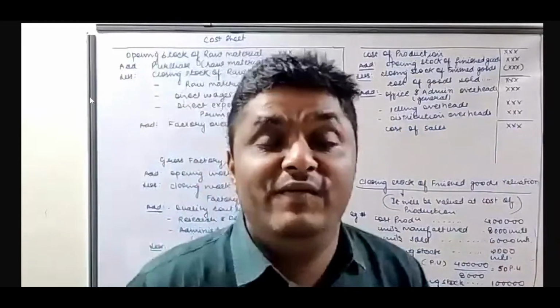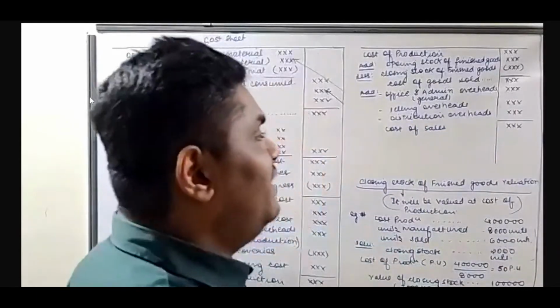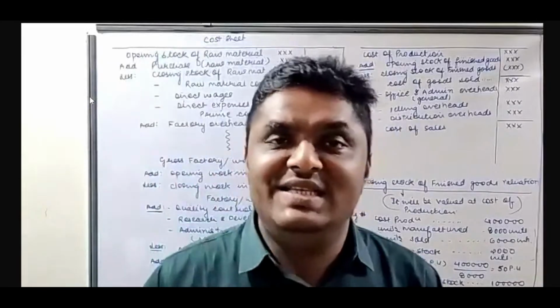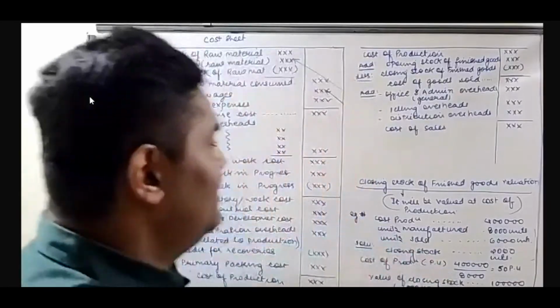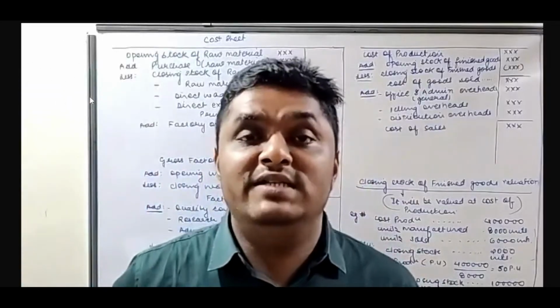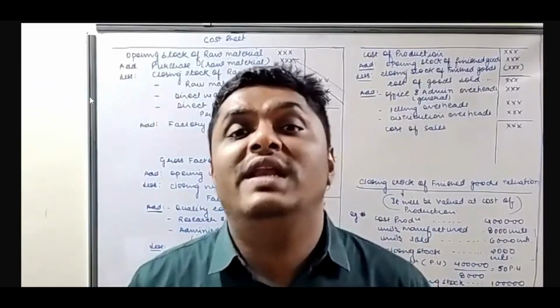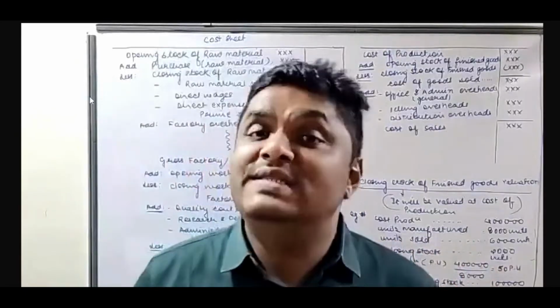And then let's say if we want to calculate the estimated profit, see, this exercise is done to fix up the selling price. All this exercise, the major mode of cost calculation is what? To fix up the selling price. If we don't know the cost, how will we fix up the selling price? So all this exercise is done to fix up the selling price.